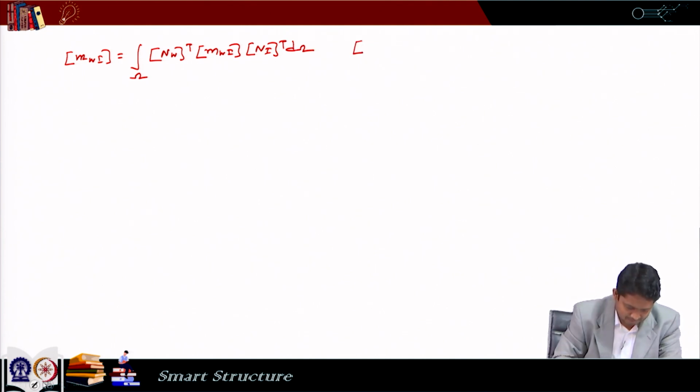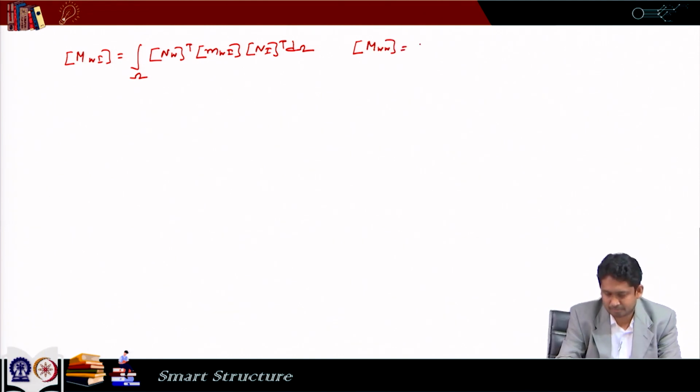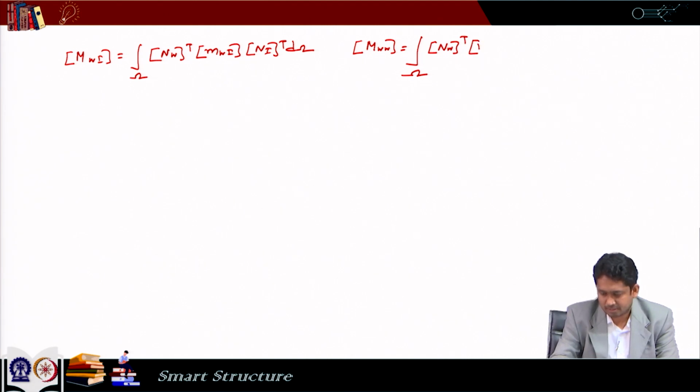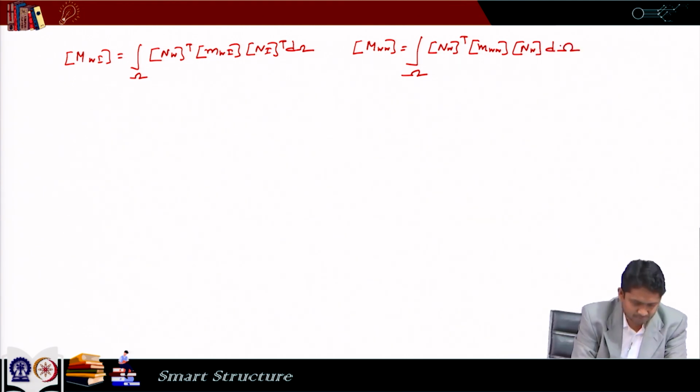Sorry, this is capital MW that we are talking about. Similarly, here we have MWW, and we have NW transpose multiplied by MWW multiplied by NW d omega.